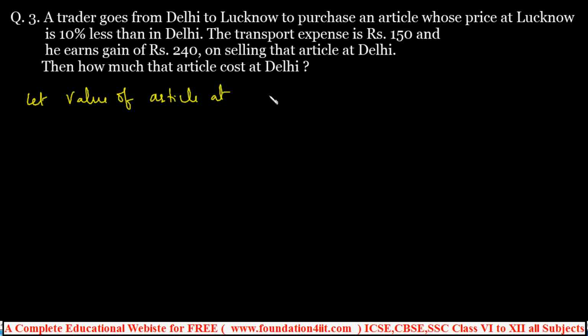Value of article at Delhi. Let it be rupees X. According to the question, he went to Lucknow to purchase the article whose price at Lucknow is 10% less than Delhi. So the value at Lucknow, that is the cost price at another place, equals 10% less.